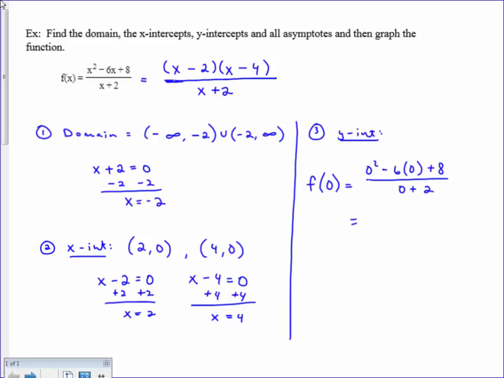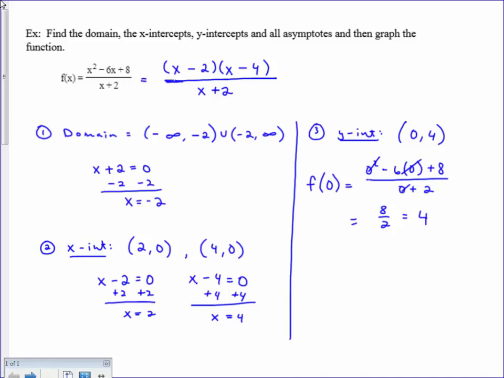Well, doing that, all the 0 pieces would cancel out. That would leave me with 8 over 2, and then 8 over 2 is 4. Once again, if it's a y-intercept, you need to make sure to write your answer as an ordered pair. Well, the y value is 4, the x value that I plugged in was 0, so the ordered pair would be 0, 4.